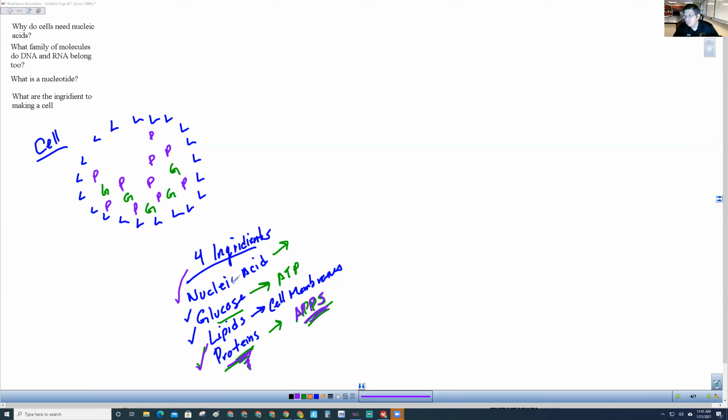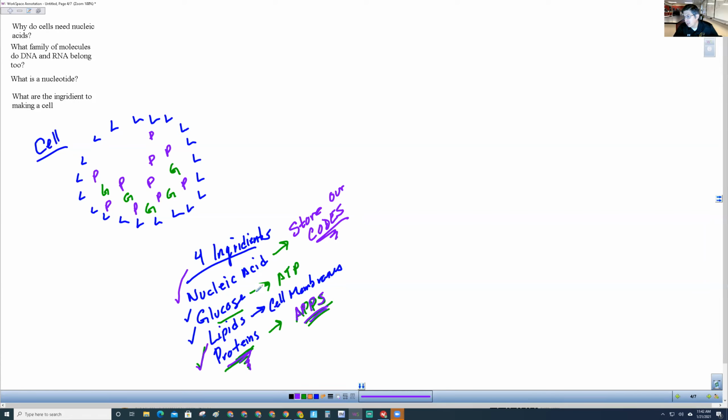Gomez, why are nucleic acids important? Don't they store all our genes? Exactly, they store our codes. Think of nucleic acids like memory cards.